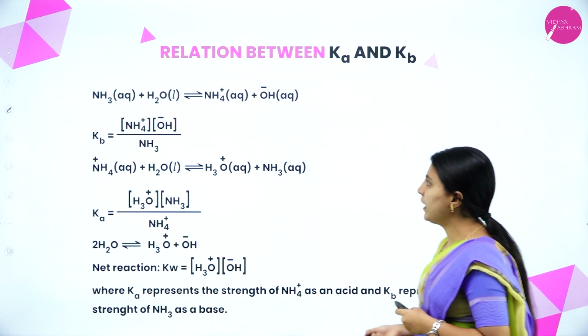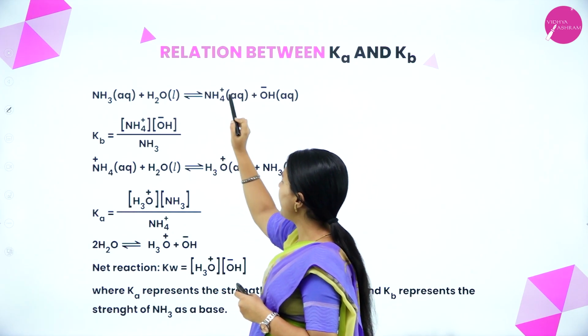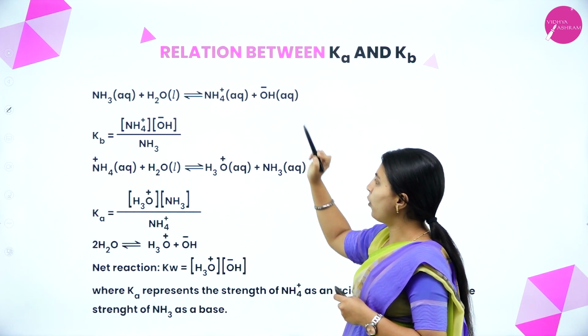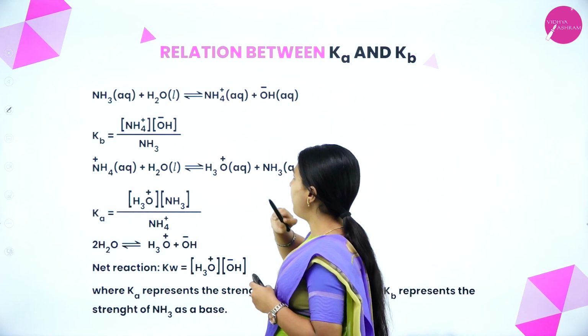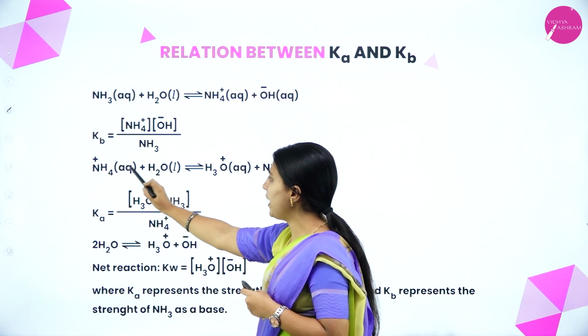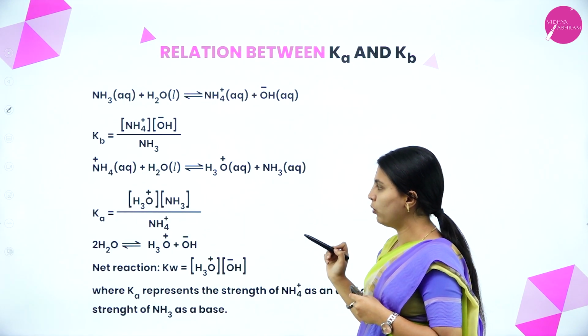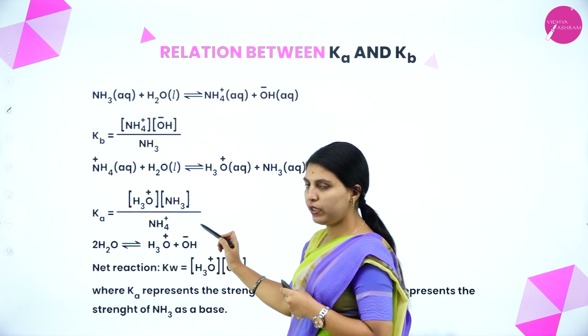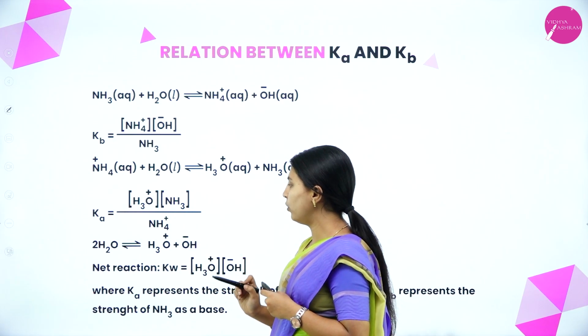In aqueous medium, NH3 in water gives NH4 plus and OH minus. If you take the equilibrium constant, product by reactant, for NH4 plus in water medium giving H3O plus and ammonia, and after taking the same equilibrium constant, 2H2O gives H3O plus and OH minus.